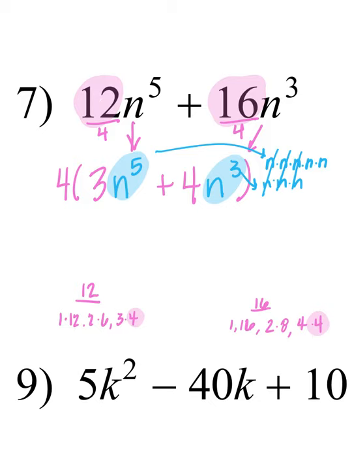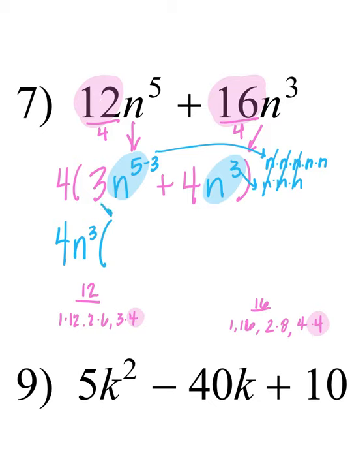So when I take 3 out, I'm going to put my 4 n to the 3rd on the outside because I'm taking 3 n's out. And I can just subtract the exponents at the top. So 5 minus 3, because I'm taking 3 away from that set of n's, gives me n to the 2nd. Oh, I'm sorry, wait. Let me go back and add.